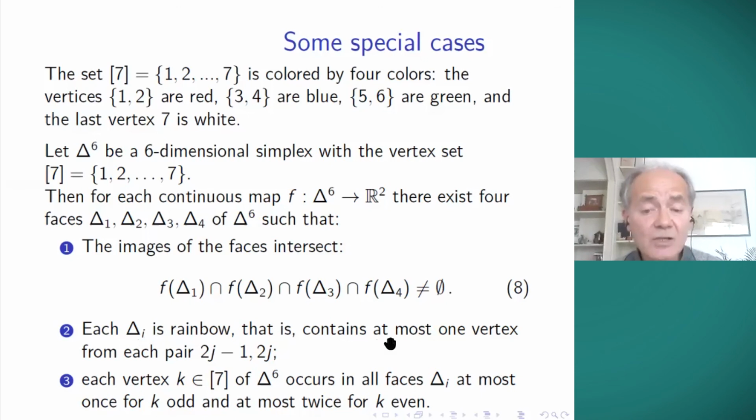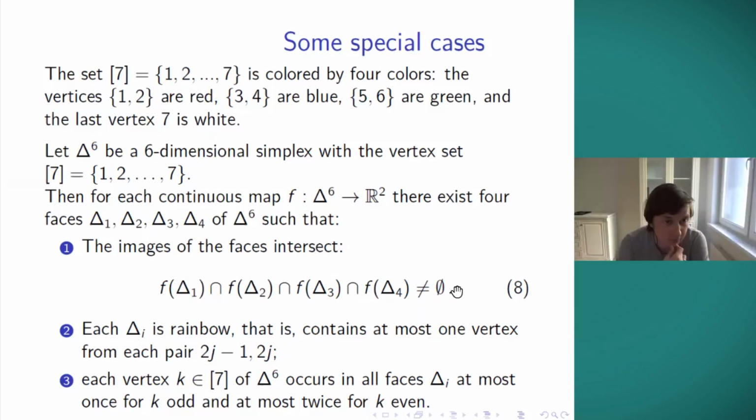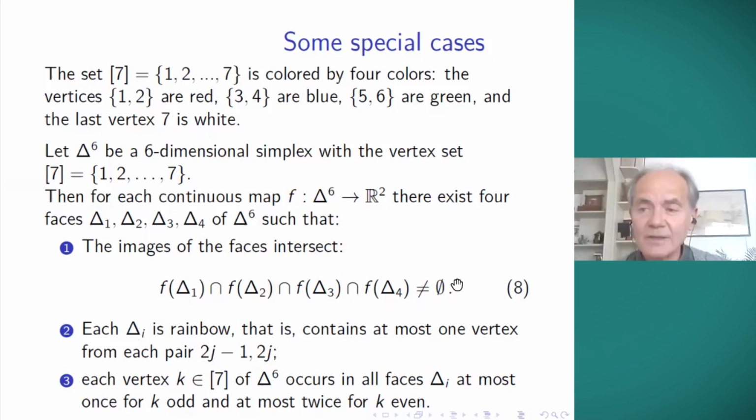And each vertex occurs in all faces, for k odd, at most once. And for k even, I think, let me see, for k even, it can occur twice. So this distinction from the usual situation appears precisely in the last condition.